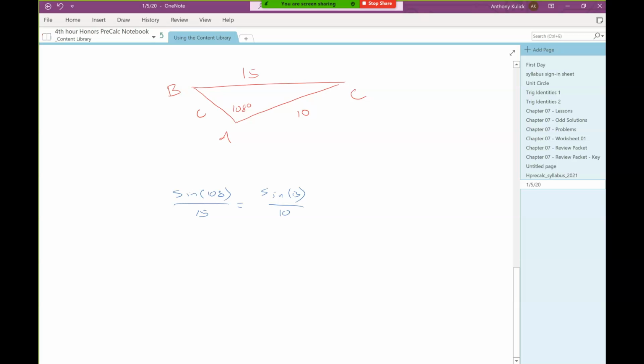Okay. So if I cross multiply and divide, I get sine B is equal to 10 times sine 108 over 15. And then to find the angle B, I'm going to have to do sine inverse of that. So that's about 39.349 degrees.